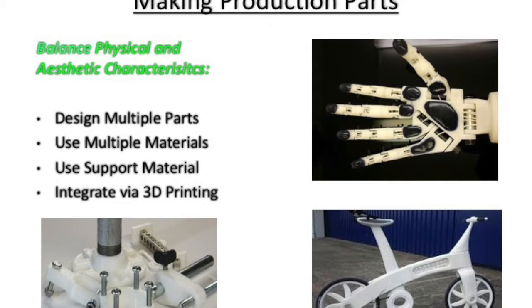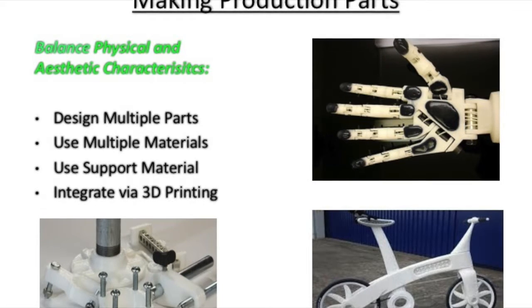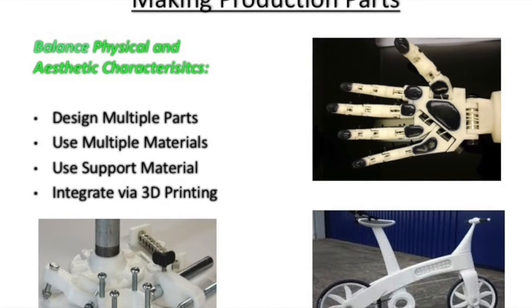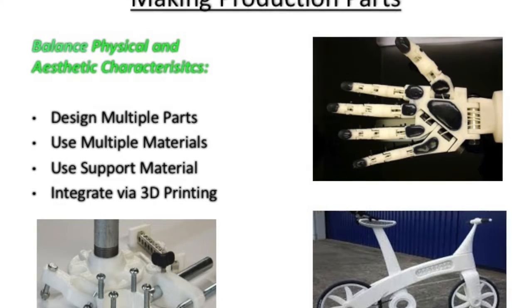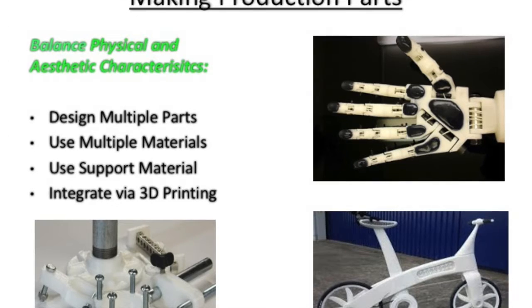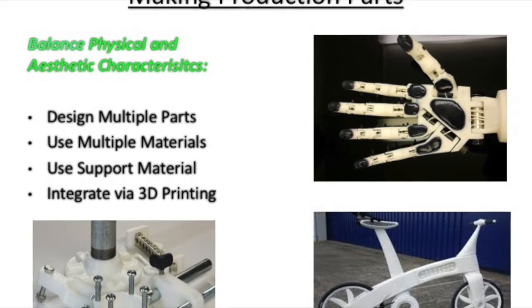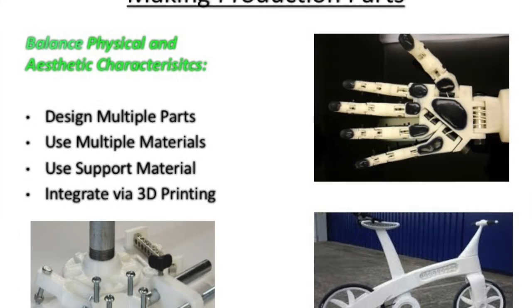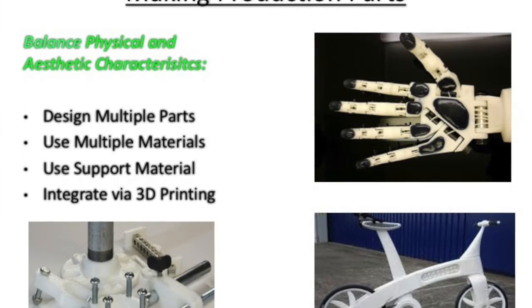Say you have a student or a project where we want to make functional prototypes and we need to make several components. The beauty of 3D printing is that we can design multiple parts and ultimately combine them together for the final result.